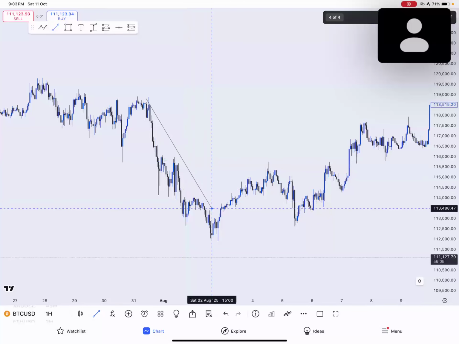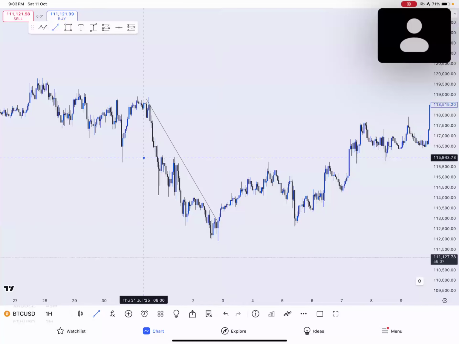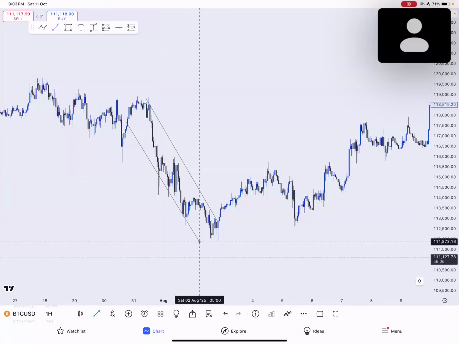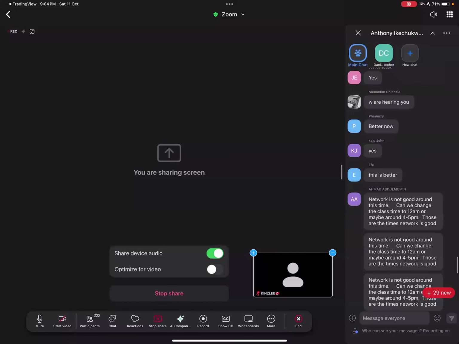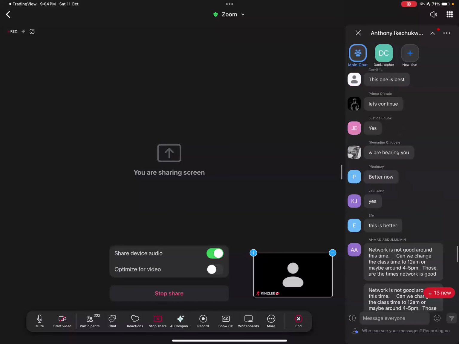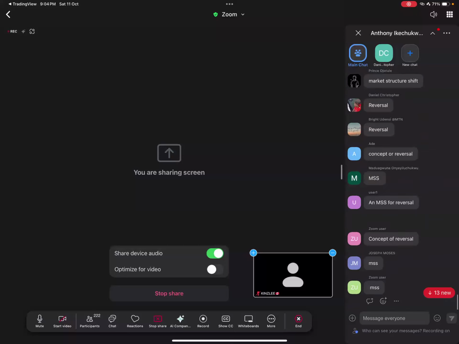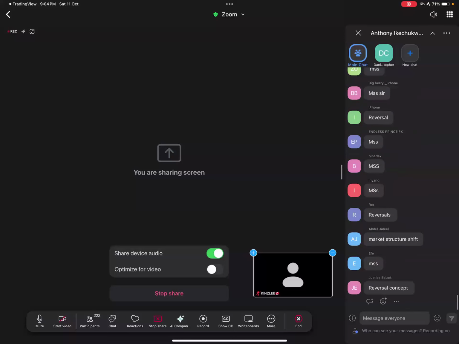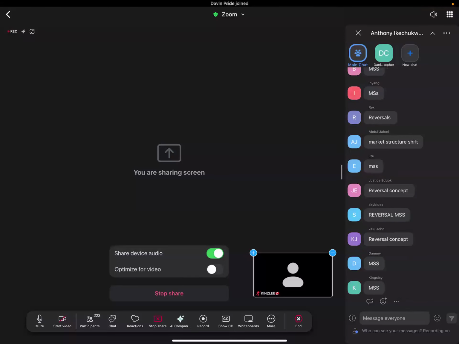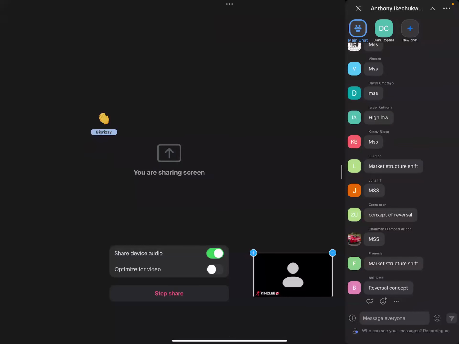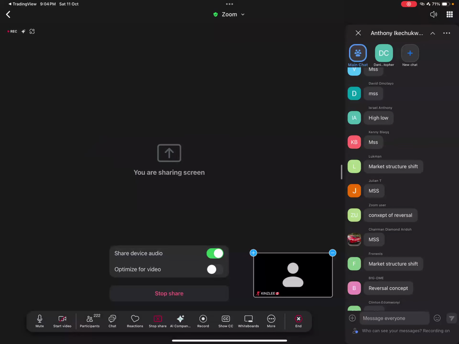The question is for you guys to answer. Exactly, you guys are catching on. Before I can start looking for buys in that downtrend, I need to see the concept of reversals.